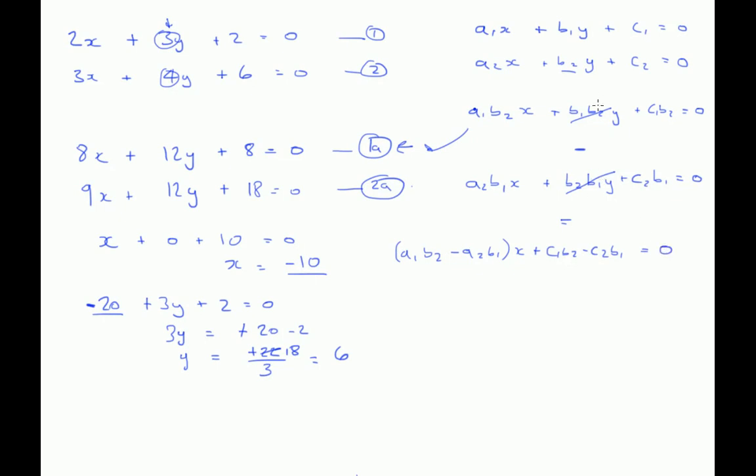These ones, that subtracting that gives us 0. So we're left with this general equation here, and then we can rearrange that such that a1 b2 minus a2 b1 x is therefore equal to c2 b1 minus c1 b2.